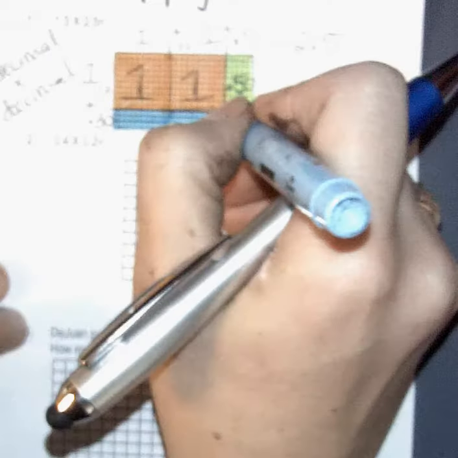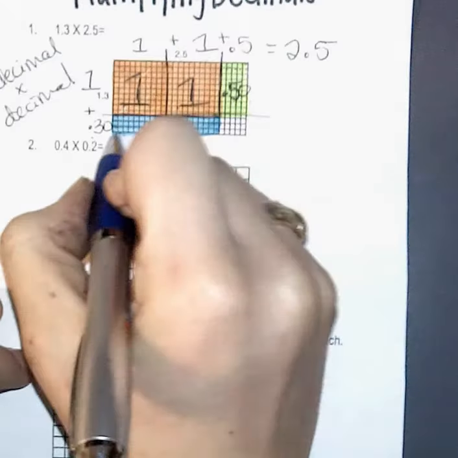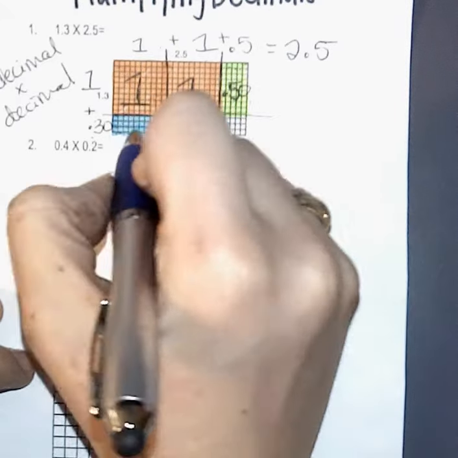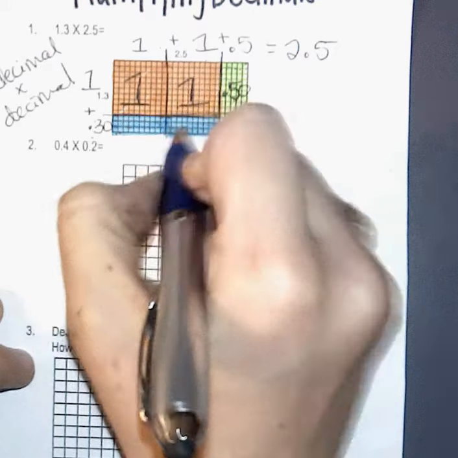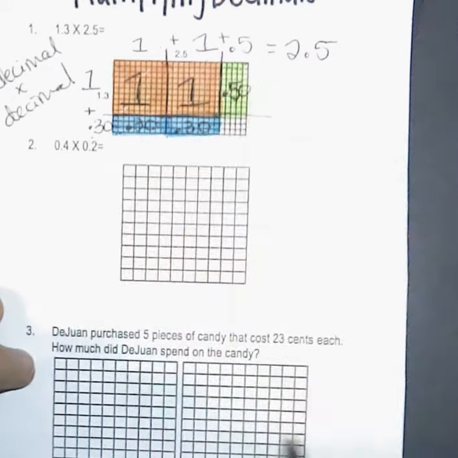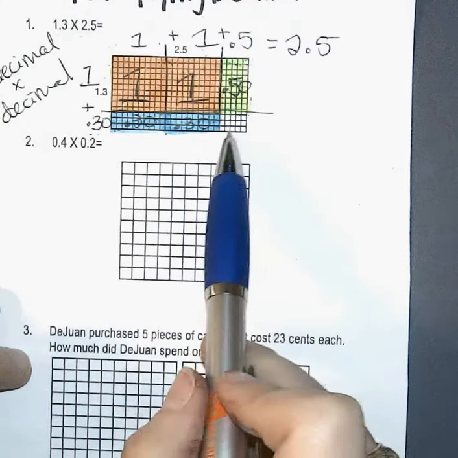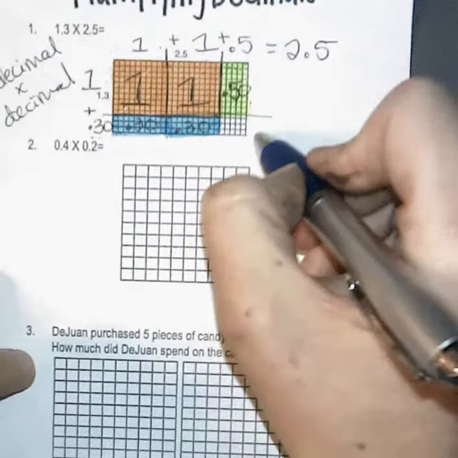Let me show you the second one. There's another set. So we have 30 blocks here, and 30 blocks here. 0.30, 0.30. And then we need to count how many we have in this block.